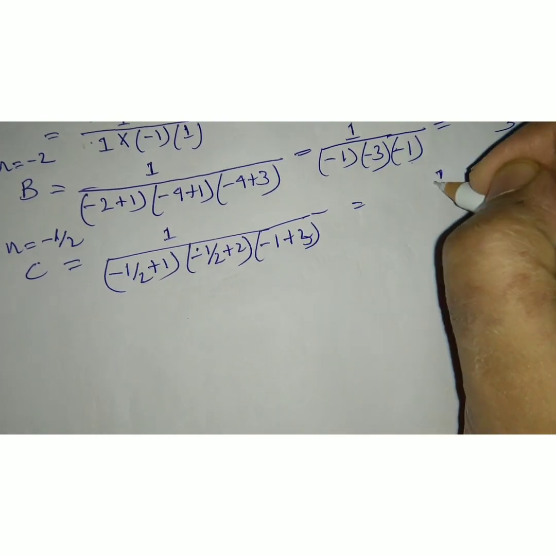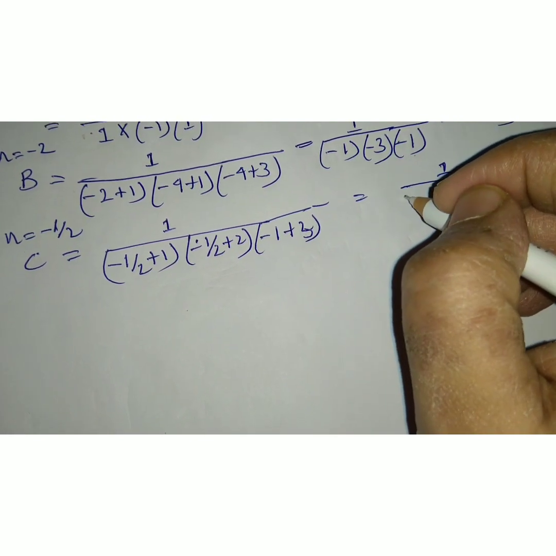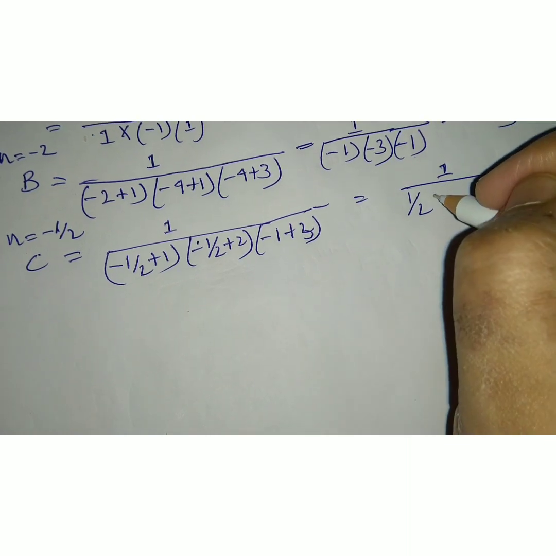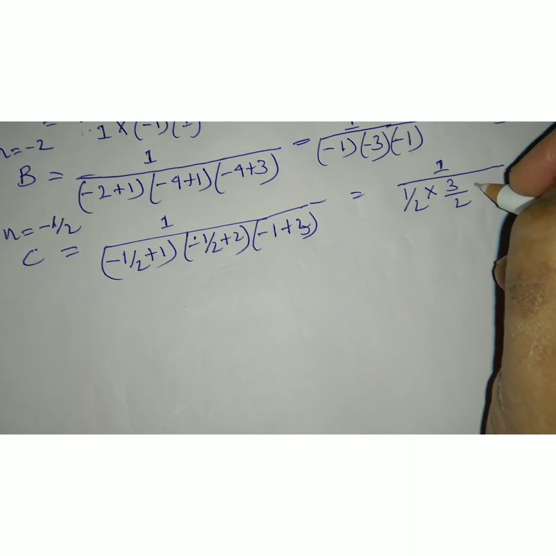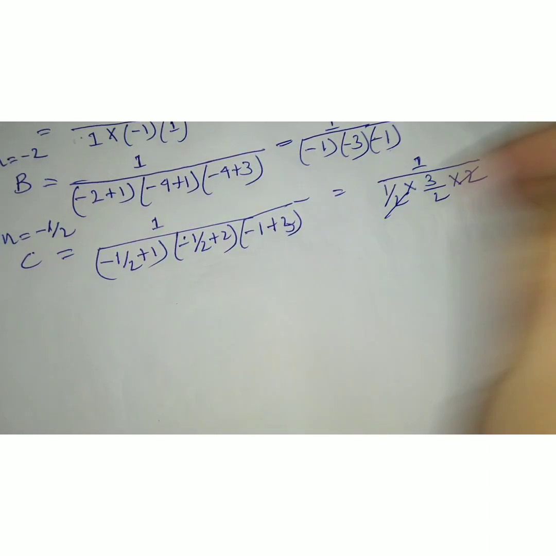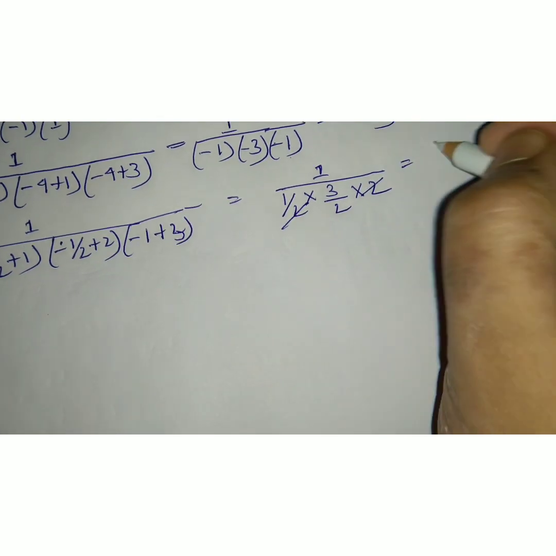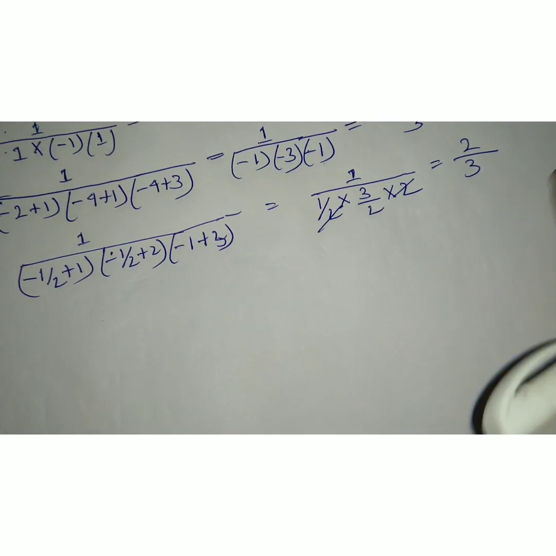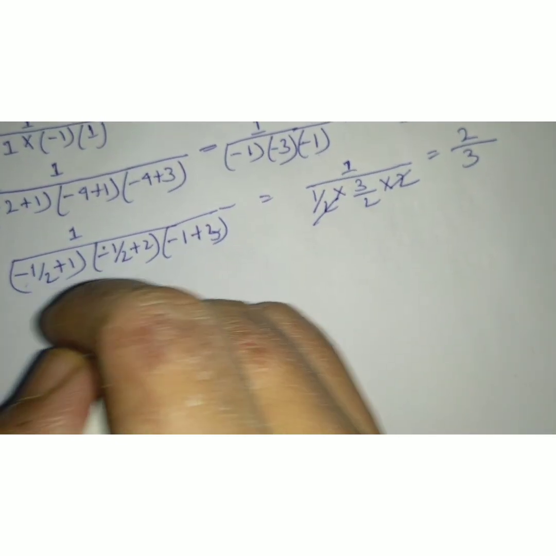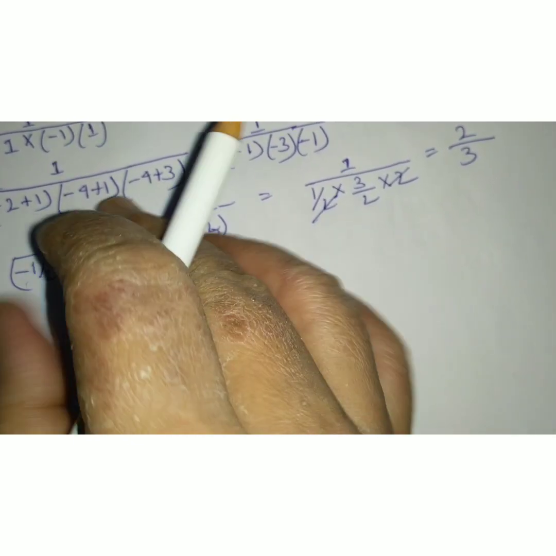That is 1 divided by half into 3 by 2 into 2. Okay, the 2 cancels, then I get c equal to 2 by 3. Any doubt? I think no doubt, this question is very simple.